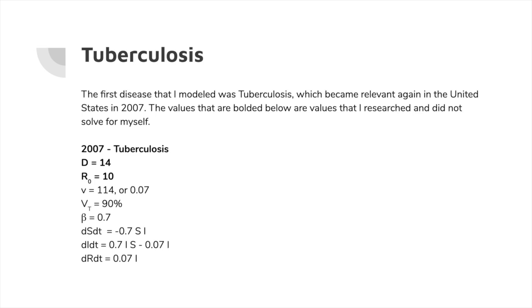So then here are the calculus equations, which again, I'm not sure what Google Slides did, but it deleted a lot of the divide signs, so it should be dS divided by dt, dI divided by dt, and dR divided by dt.